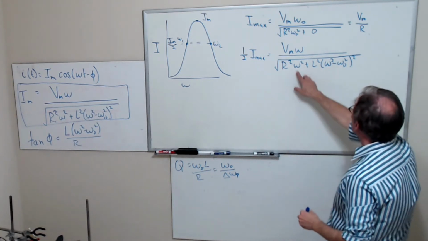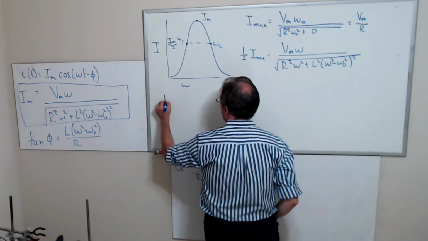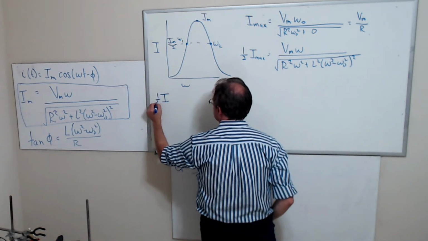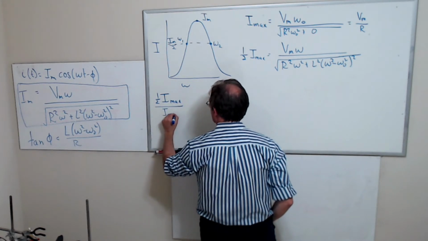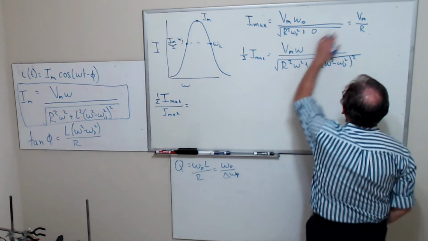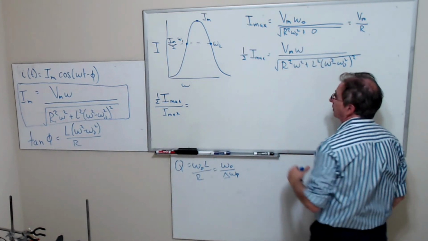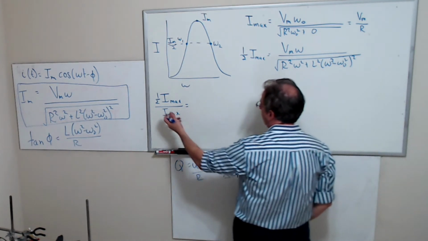How do I solve for these two frequencies? Well, I'm going to take the ratio of 1/2 I max to I max. Or you can take this term and substitute it over here, either way. So I take 1/2 I max over I max.